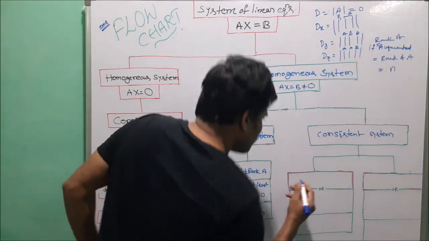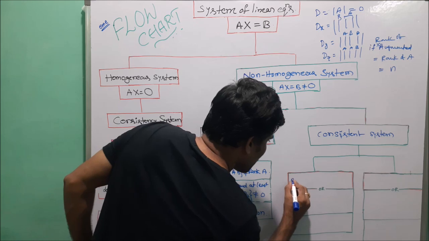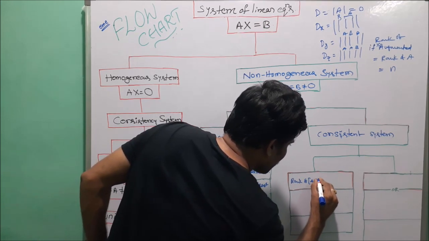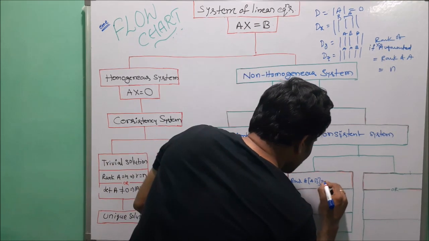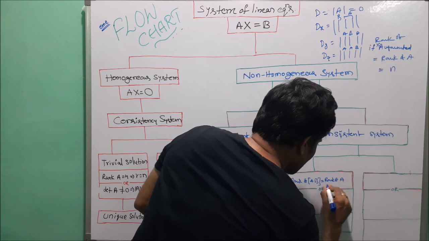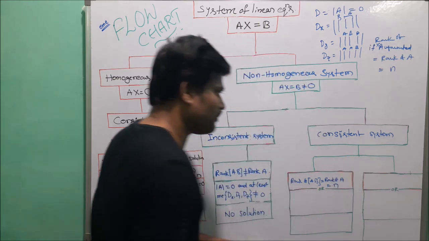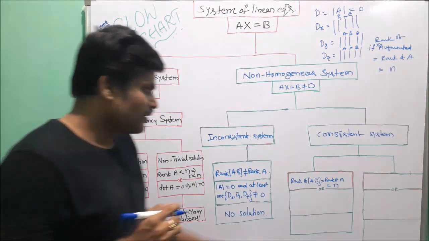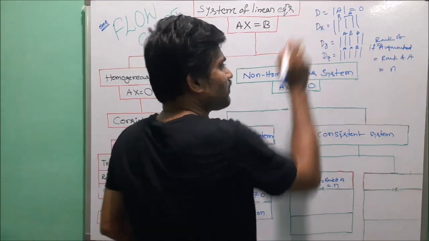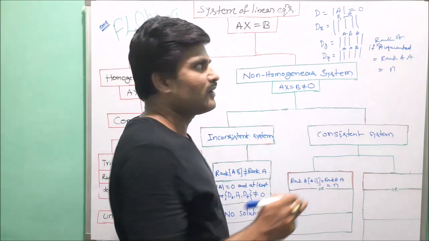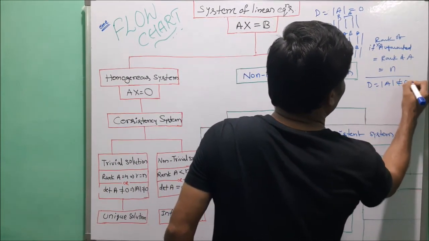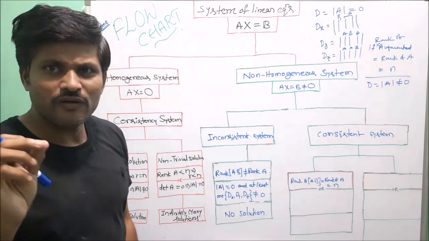So a consistent system means, based on rank, the rank of AB equals the rank of A equals n, the number of unknowns. Based on determinant, first we find the determinant of the coefficient matrix, which is not equal to 0.